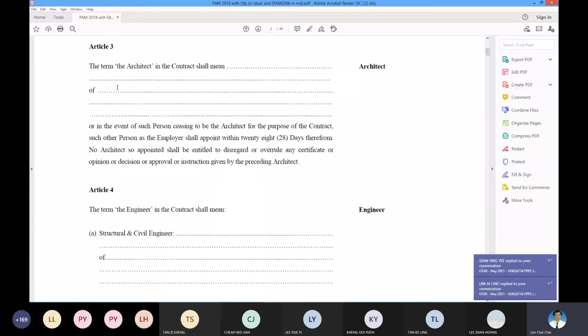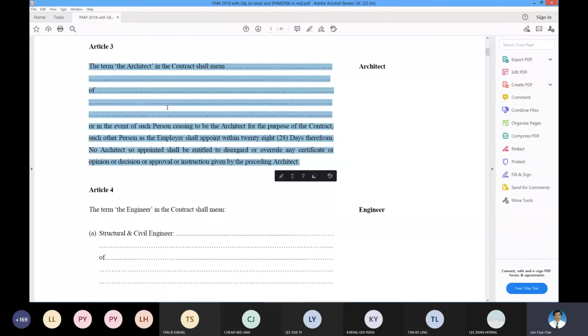So this is the named architect here, Article 3. See? So only this person that is named here can issue the instruction. Are you clear? This particular person named here. The term architect in this context shall mean some company, the name here, Mr. Misler or whoever, of which architect's firm.